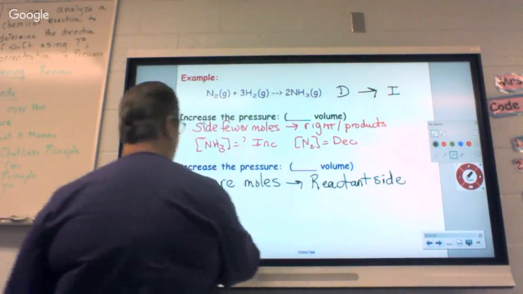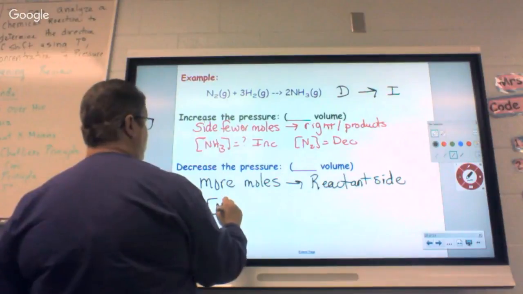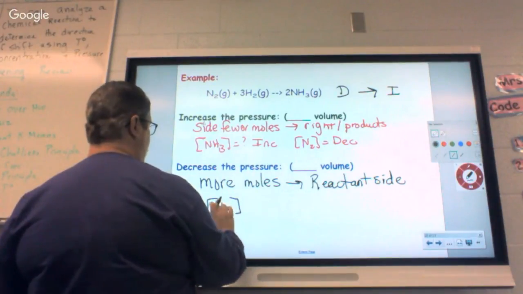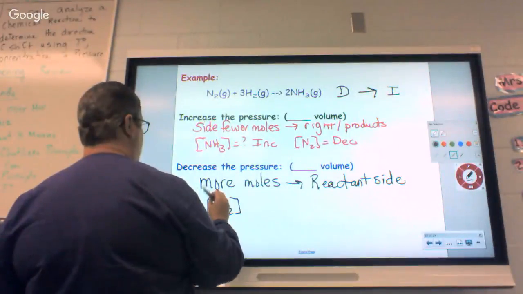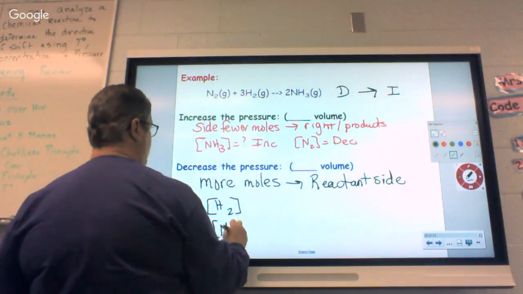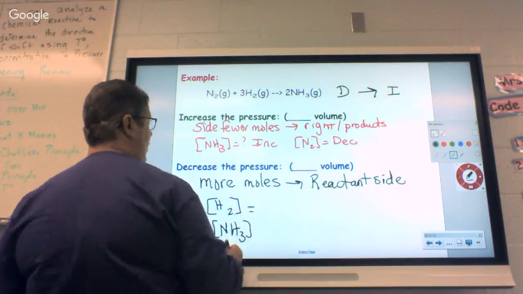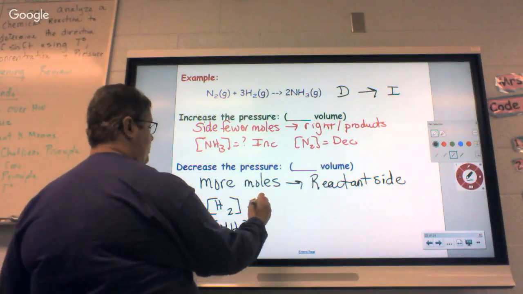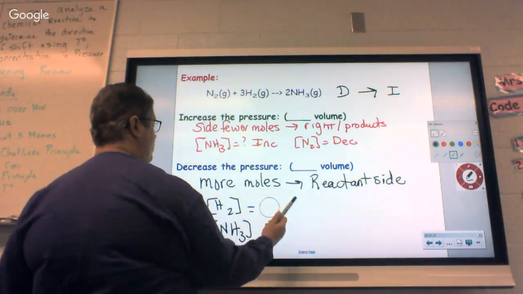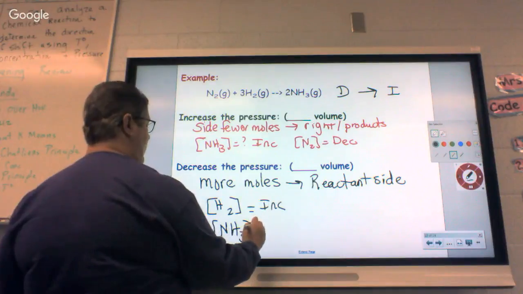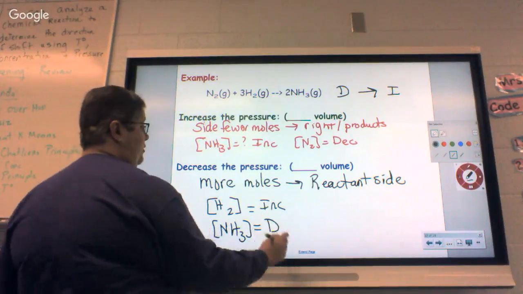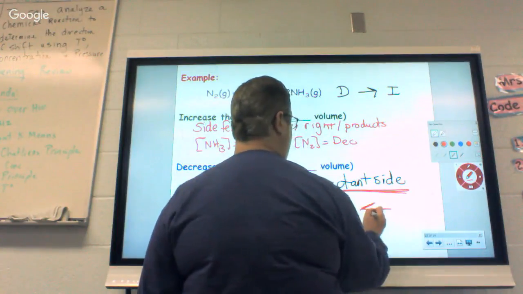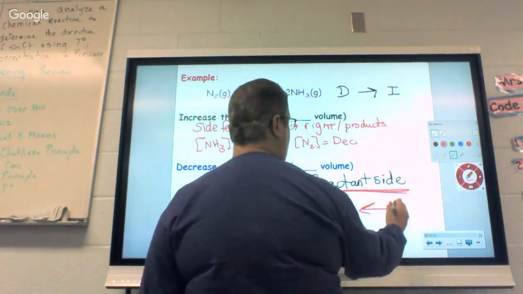So what happens to H2 or N2 here? H2 increases. And what happens to NH3? It decreases. Because anytime you tell me it goes to the reactant side, the reactants increase and the product decreases.